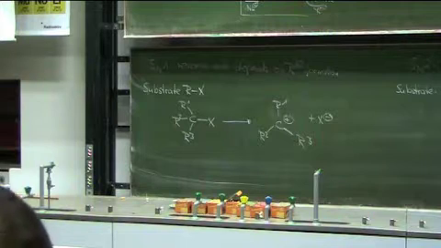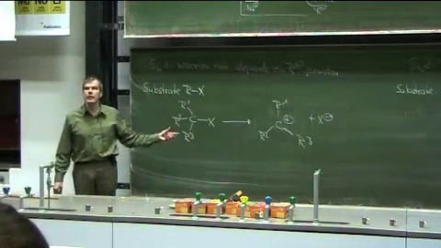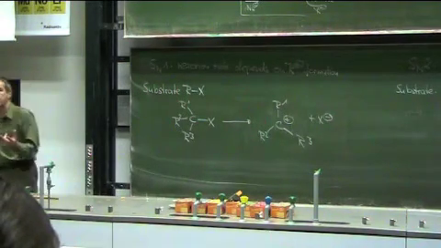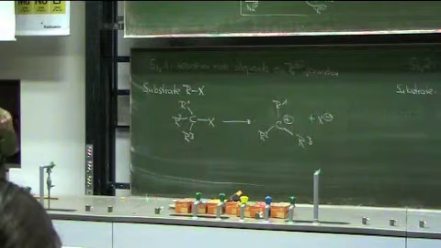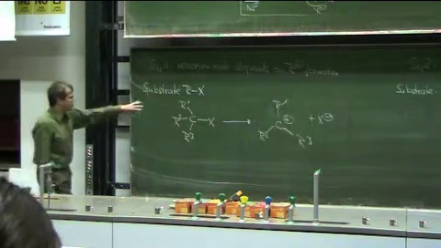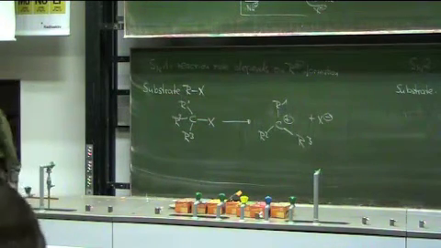We go to electronics in a moment, but just based on steric arguments: will this type of reaction benefit from steric crowding, or will it be disfavored by steric crowding if I make these groups bigger?